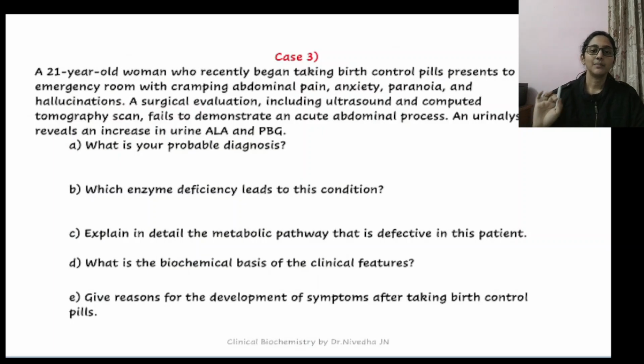So the abdominal pain was so much that they even started evaluating acute abdomen causes, right? And urine analysis reveals an increase in the urine ALA and PBG. All right. So this is what the case says.